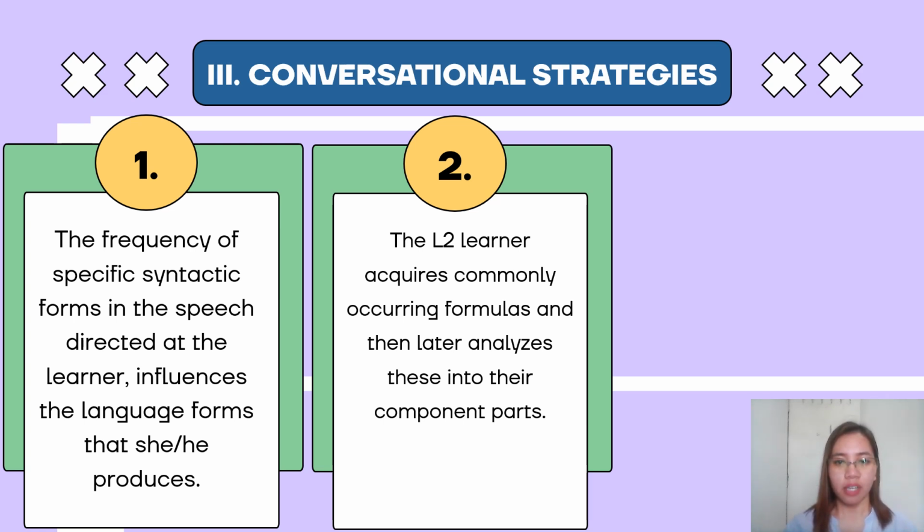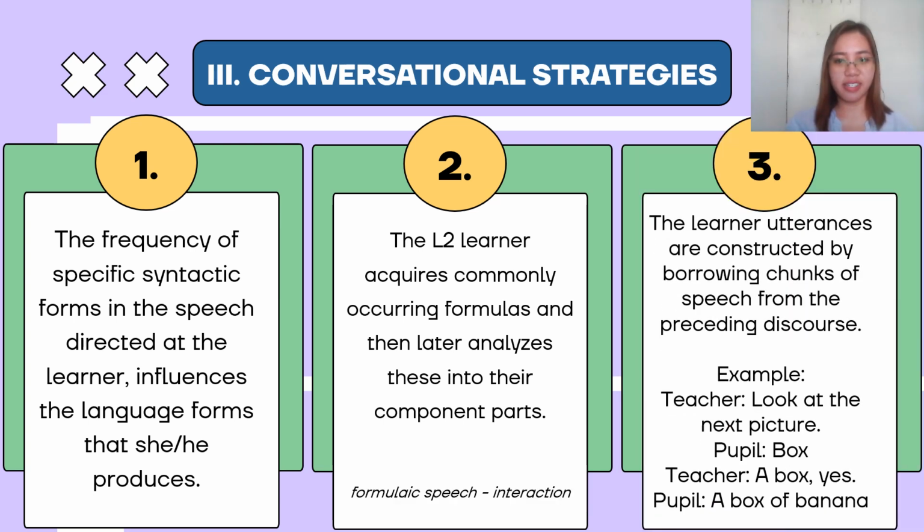Later, the learner breaks down these chunks of speech into their component parts and in the process augments his interlanguage system. The third strategy is that learner utterances are constructed by borrowing chunks of speech from the preceding discourse. One example is this. The teacher says, look at the next picture.